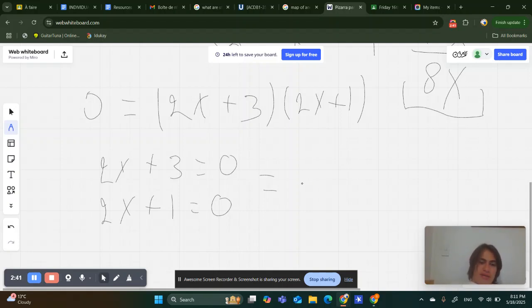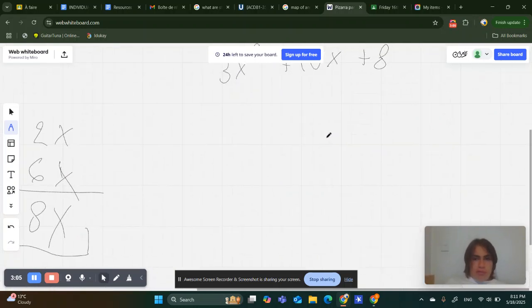So in this case, this first one is minus 3 over 2. That's equal to x1. There's always two solutions for a quadratic equation. And the other one is minus 1 half, equal to x2. If I'm not mistaken, that should be correct.